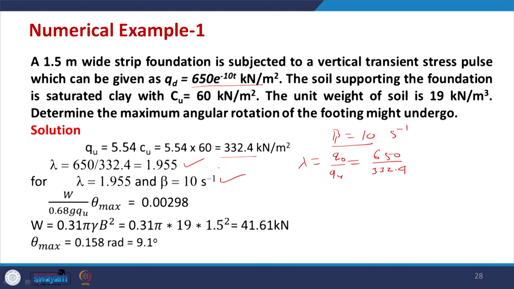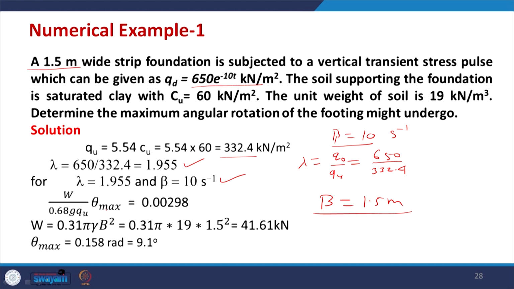Beta value is already given. Now, for these values of lambda and beta, from the chart given by Trendafilidis, we find the value of this factor, but that chart should be used for b equal to 1.5 meter. So, we will use the chart for 1.5 meter, and putting the value of lambda 1.955 and beta 10, we get this factor.